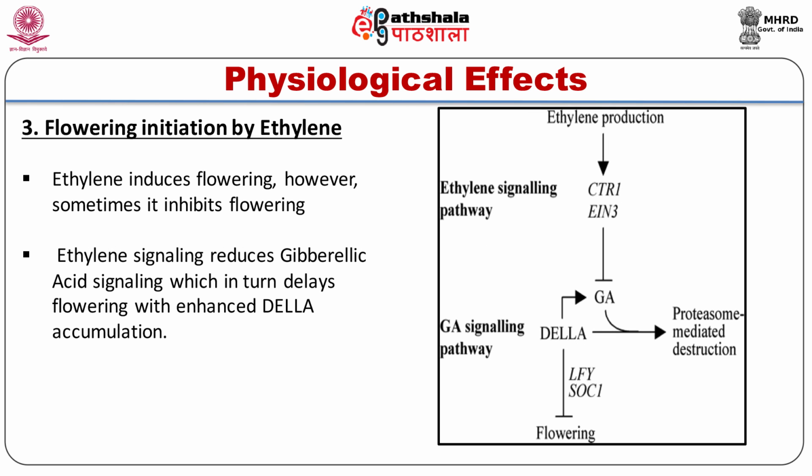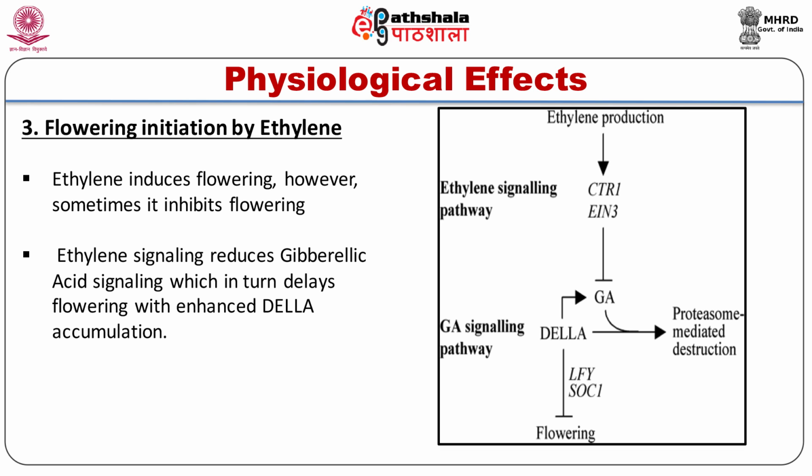Ethylene plays a significant role in flower initiation. In some species, ethylene inhibits flower induction and enhances flower bud abortion. On the contrary, in some species, ethylene promotes flower bud induction. Ethylene production inhibits CTR1 and enhances EIN3 levels via the SCF ubiquitin pathway and activates ethylene signaling.